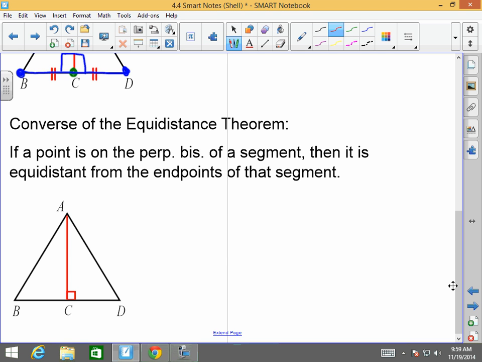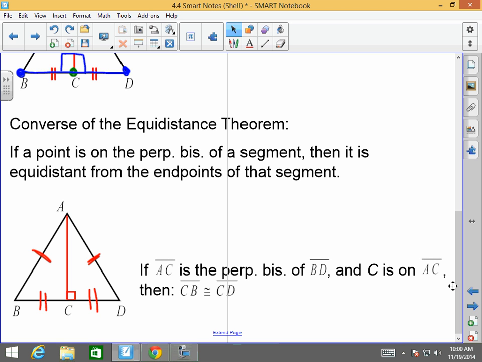If that's the case, guys, for sure, 100%, you don't have to prove triangles congruent anymore. You don't have to use CPCTC. You don't have to use the right angle theorem. If I tell you right from the get-go that AC is the perpendicular bisector of BD, then you know that AB is congruent to AD and BC is congruent to CD. Done.